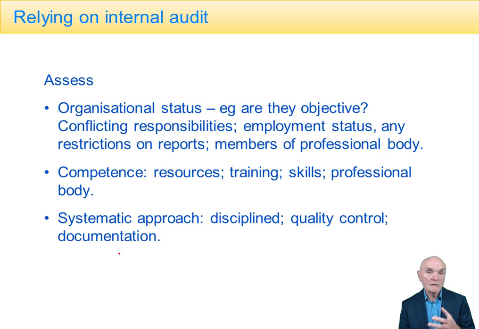So if internal audit was looking at IT controls, they need expertise in IT controls, maybe specialist database knowledge and skills, or internet knowledge and skills if they're going to be doing that work properly. So resources, training, time, skills, and so on. Again, being a member of a professional body, maybe insist that they stay up to date and so on. Maybe they can go and ask technical advice from a professional body as well.